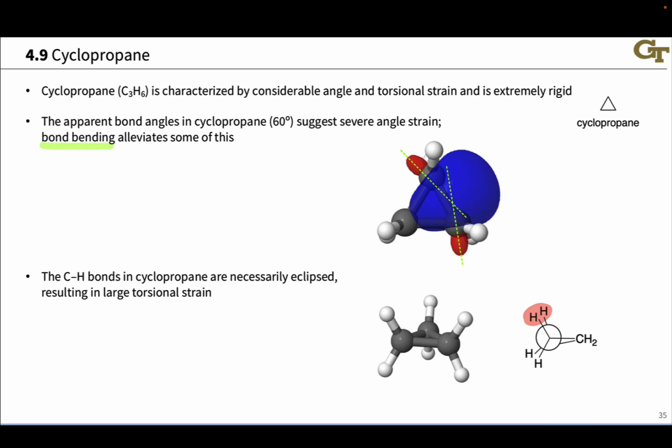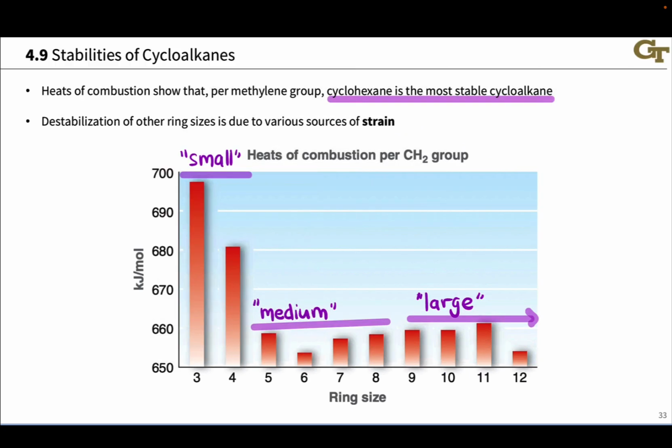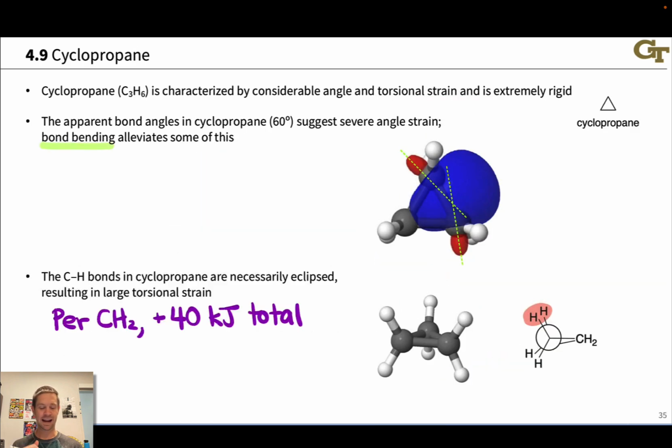And so if we look at the energetic situation back here, we can see that relative to the strain-free cyclohexane, cyclopropane is about 40 kilojoules per mole higher in energy than cyclohexane. And that's all due to strain. And this is per CH2 group. Now, each CH2 group is associated with two hydrogen-hydrogen eclipsing interactions.